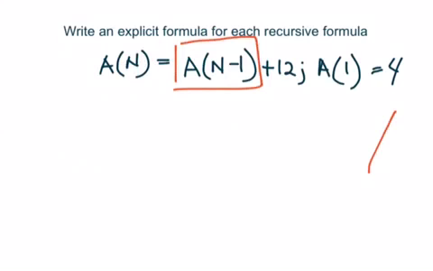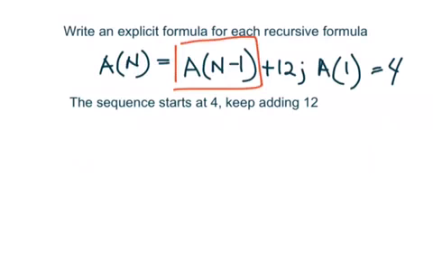So this pattern starts at the number 4, but then we keep adding 12 to the previous term. The list of numbers would be 4, then add 12, so 16, add 12, so 28, add 12, so then 40. So it starts at 4, and then we keep adding 12.